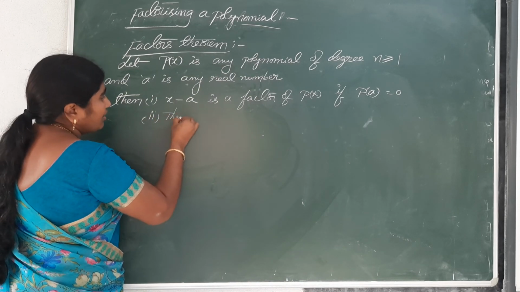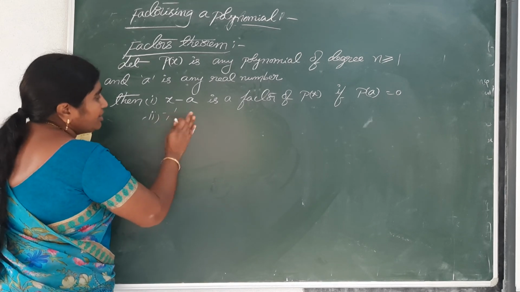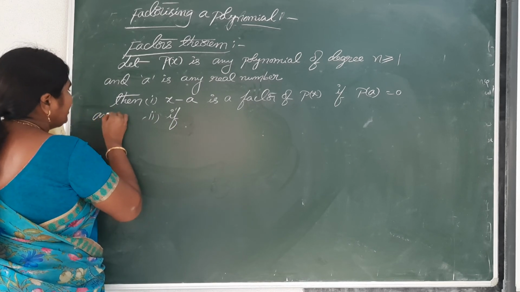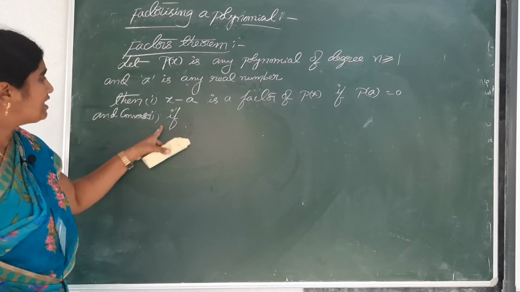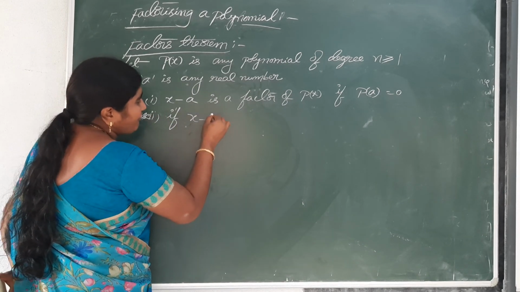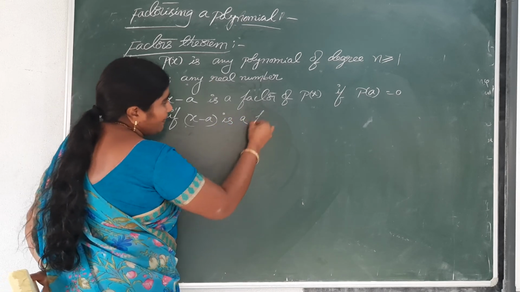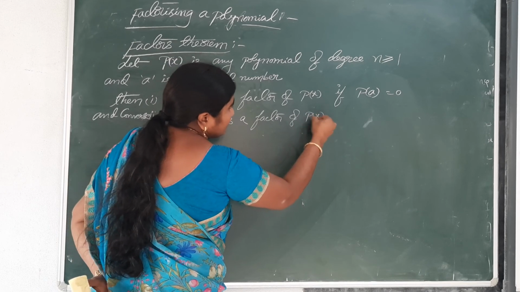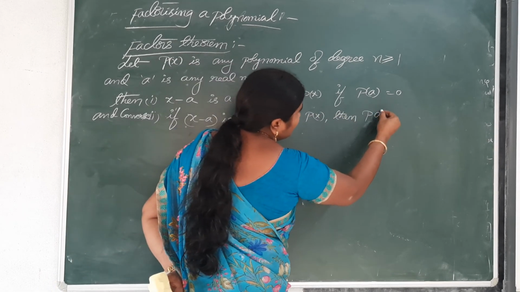And the converse: if x minus a is a factor of p of x, then p of a equal to 0.